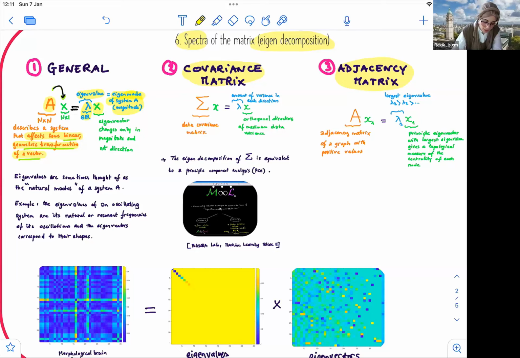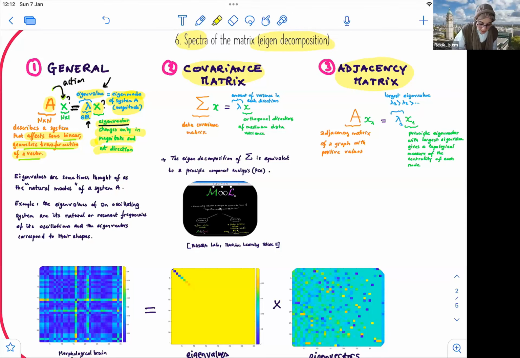If we get the same vector x, this will be called an eigenvector, which changes only in magnitude and not direction, okay? So this is the eigen decomposition. You want to express mathematically this geometric action of the matrix A onto a particular vector x as a multiplication of a scalar onto the same vector. These vectors x are very special because we call them eigenvectors, and the lambdas are also special because they are assigned to these eigenvectors. So each eigenvector has an eigenvalue assigned to it.